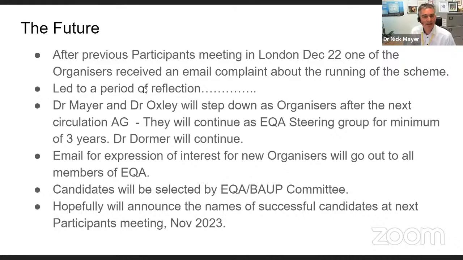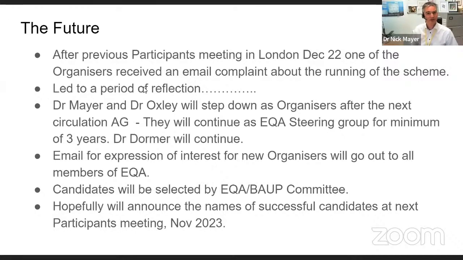suffice it to say it's led to a period of reflection, and John and myself have come to a conclusion. I actually set the scheme up in its current form back in 2005-06, and the first circulation was back in 2007.